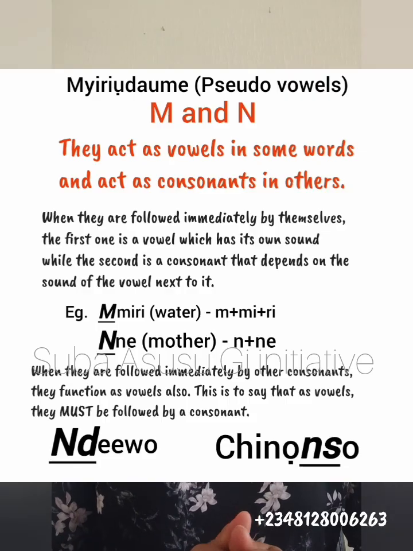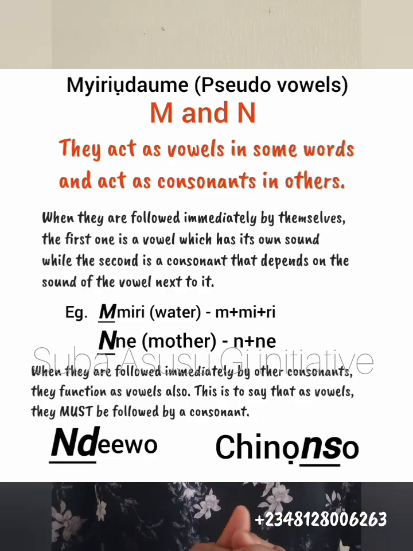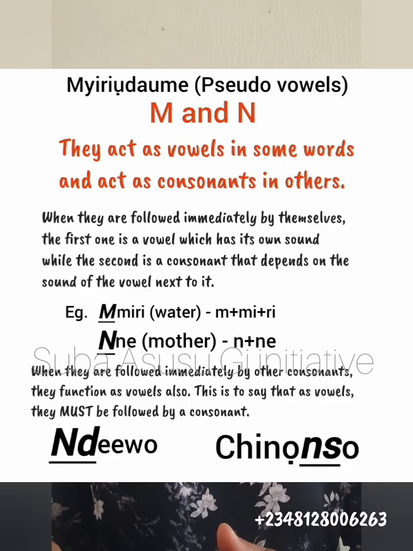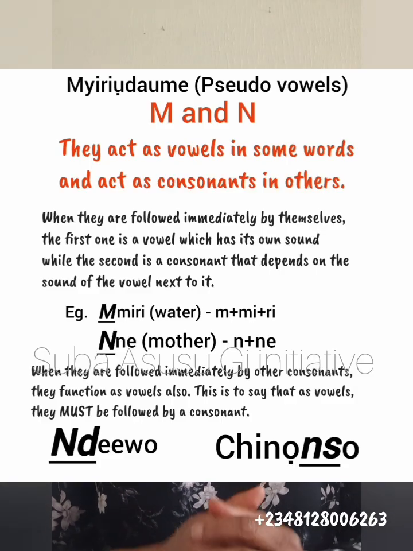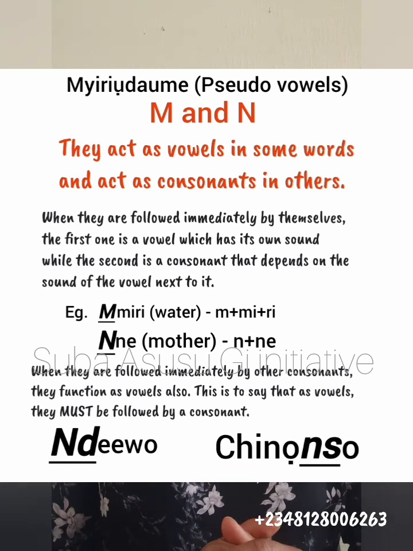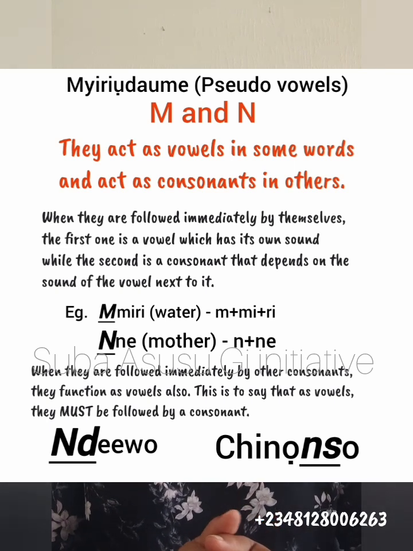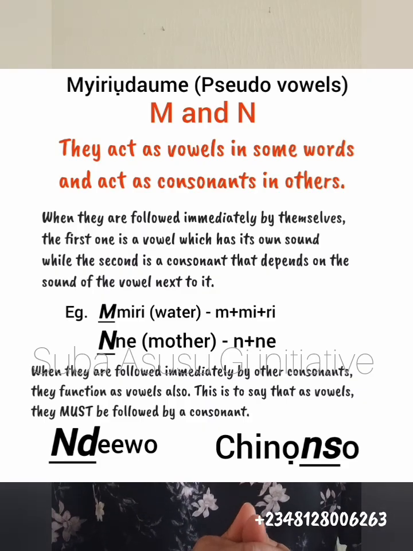So we have the word ndewo. I know some of you noticed it when I used ndewo initially, that she said two consonants can be side by side. Why do you have ni and di in ndewo side by side? That is because in this case, ne is actually a vowel and not a consonant.